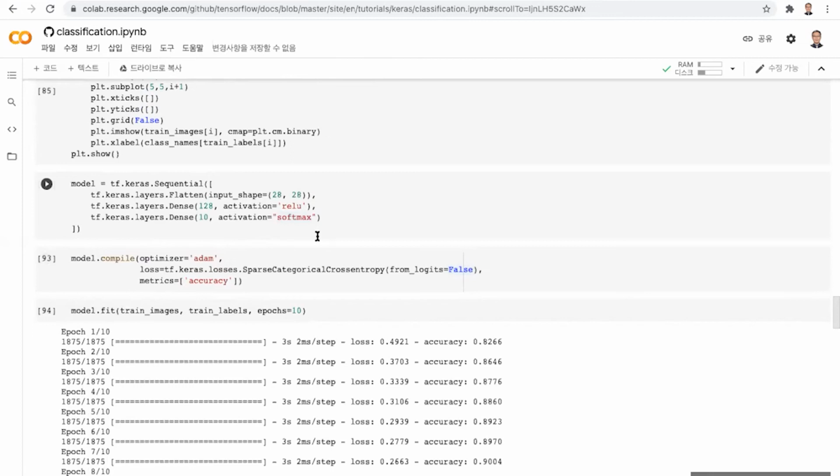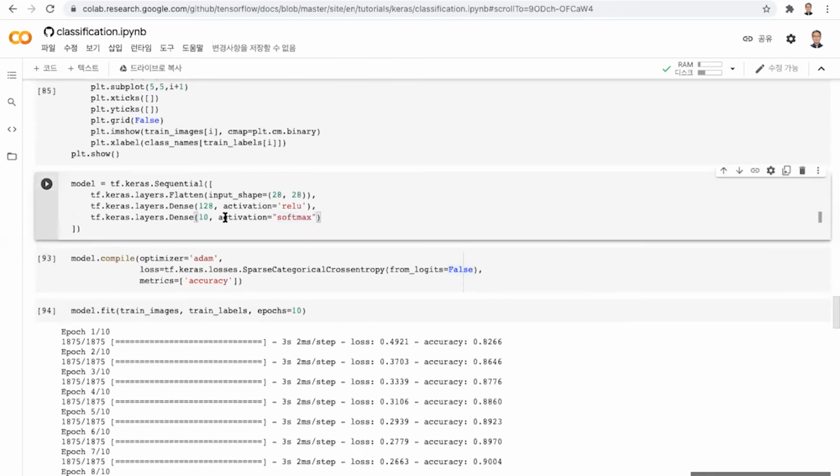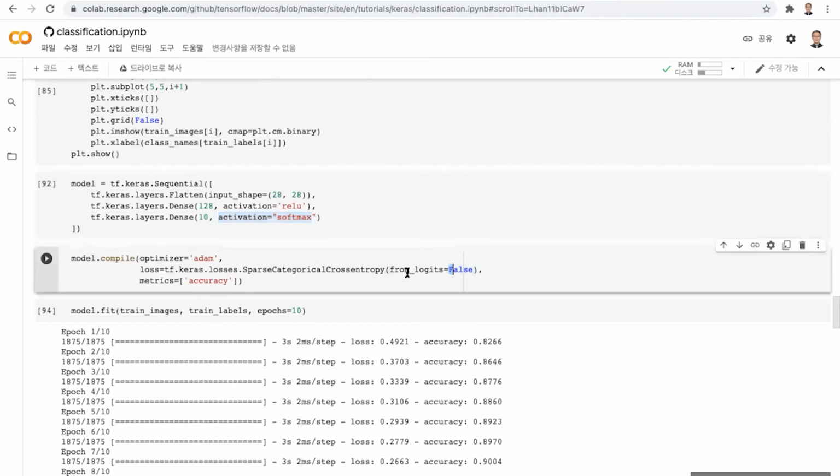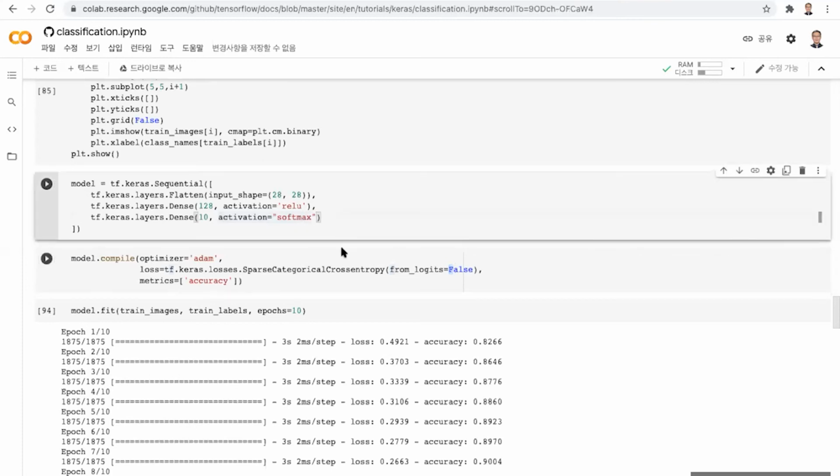So how can we do that? Actually you can use the softmax activation at your final layer. Then all the numbers are changed to probability. Then you don't have to set from logit to be true because it is already a probability. But without this, the output is not a probability.